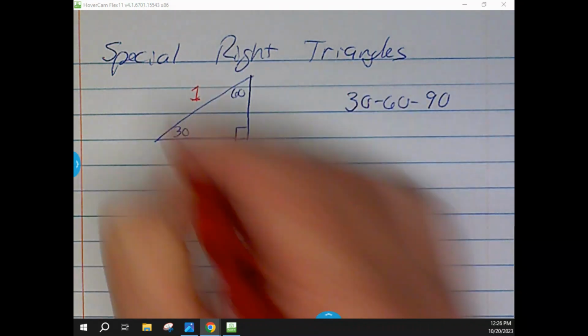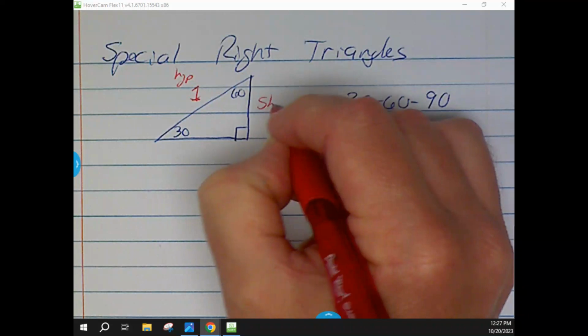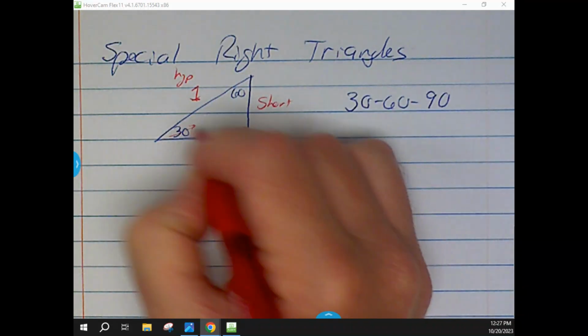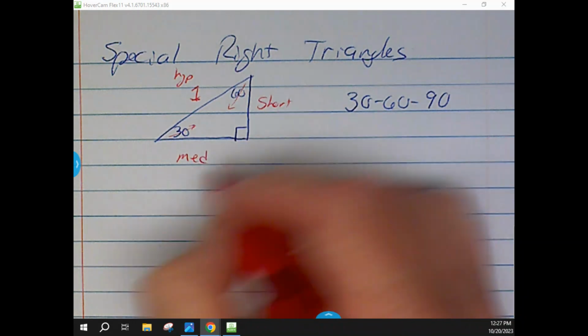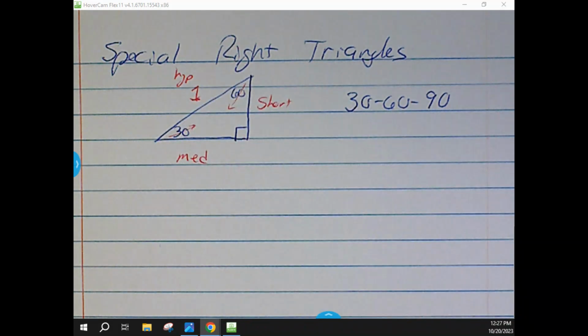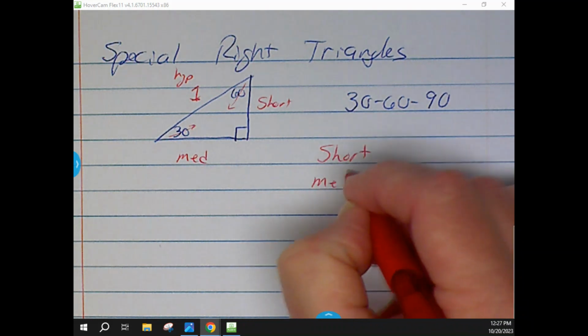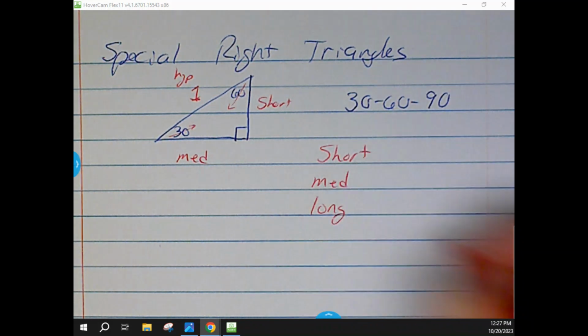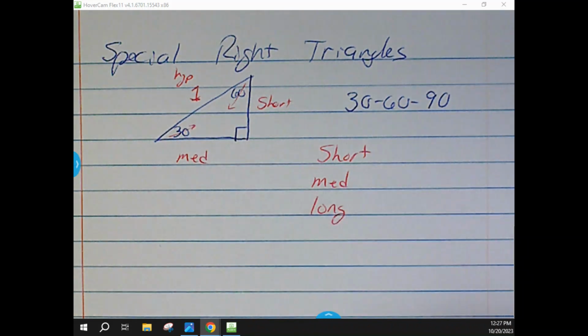This is our hypotenuse, which is our longest side. This is going to be our shortest side because it's opposite the 30-degree angle. If you draw through the 60, this is going to be our medium side. So we've got short, medium, and long sides. Just like you've got a short, medium, and long angle, the sides match up the same way.